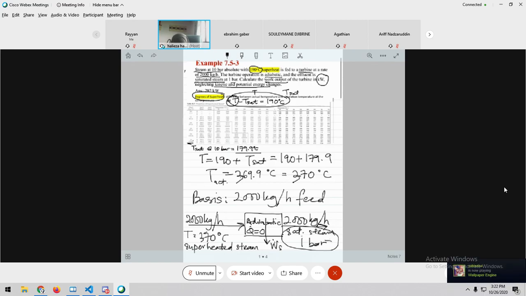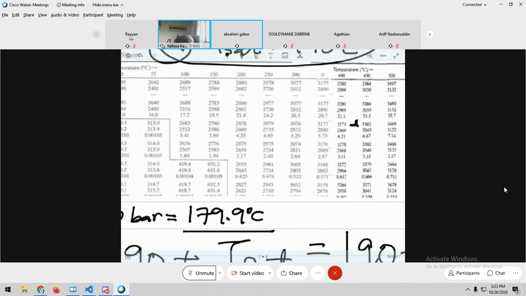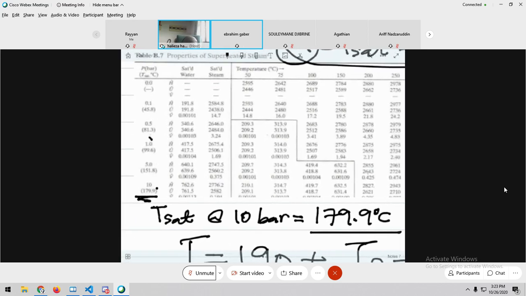Anybody have the table with you guys? Yeah, doctor. Okay, read for me the value of the steam table. Okay, right now I managed to zoom it in. Where is 1 bar? That's 1 bar. Is the outlet saturated steam or is it water?